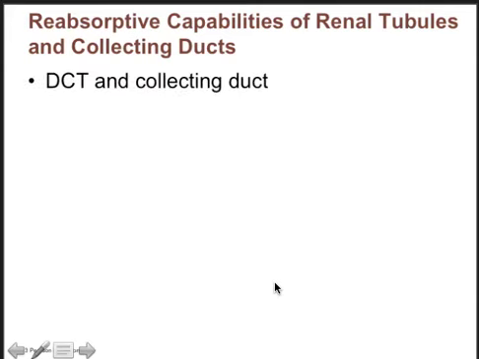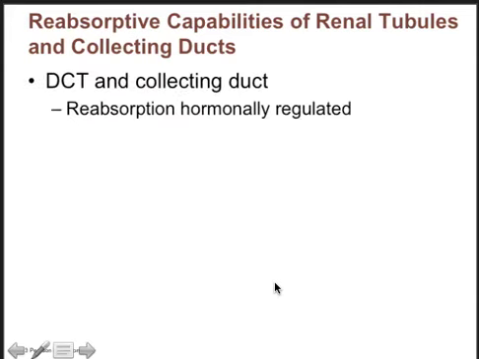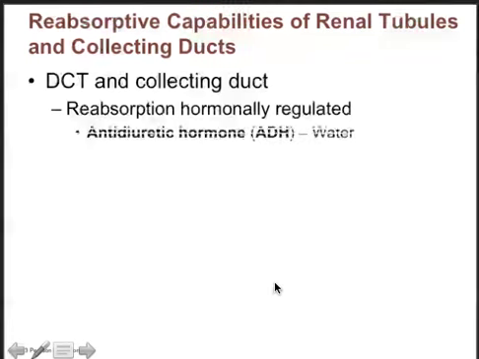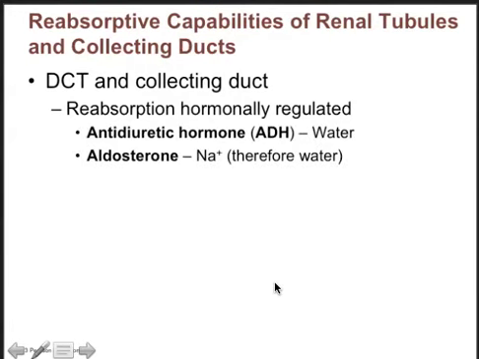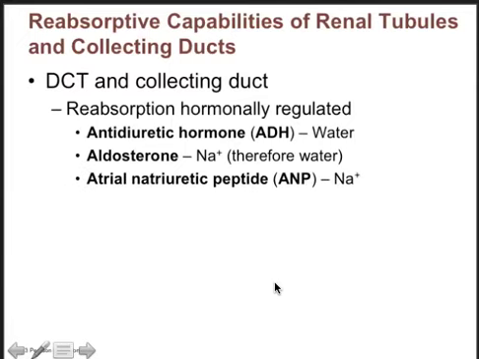In the DCT and the collecting duct, we have reabsorption that's regulated by hormones. ADH controls water permeability of the collecting duct, while aldosterone, our sodium retaining hormone, also has an effect on water movement. When aldosterone is secreted, we retain more sodium, and as a result, we retain more water. This increases blood volume, and as a result, increases blood pressure.